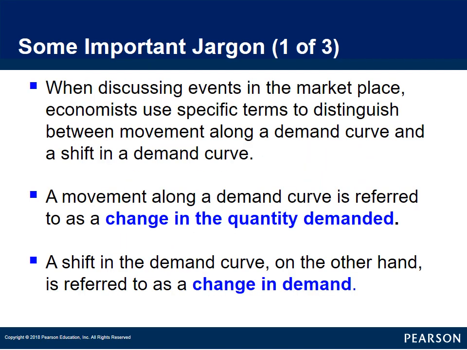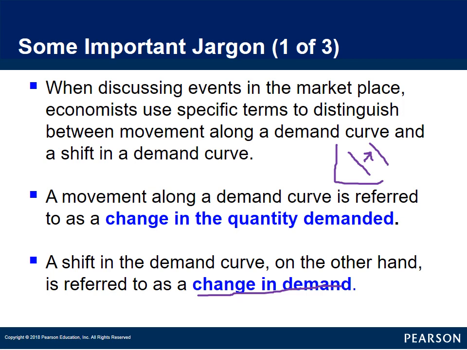Okay, the diagram that I just showed you with the shift in the demand curve, so I had the demands like this, and if it shifted to the right, we call that a change in demand. So if the entire demand curve line is shifting parallel to the left or to the right, that's a change in demand.